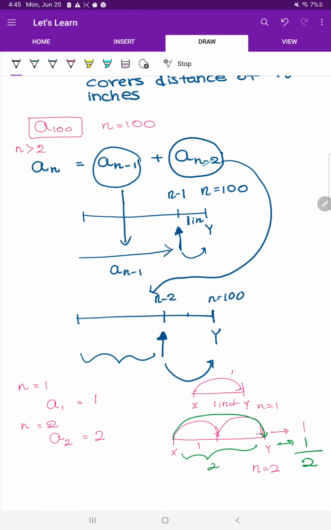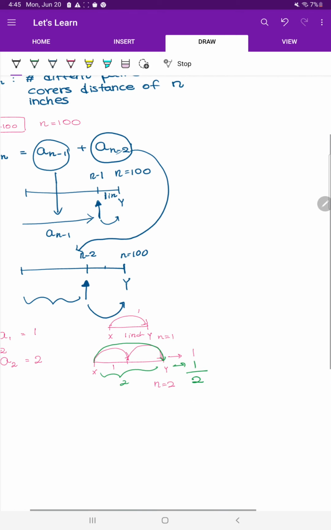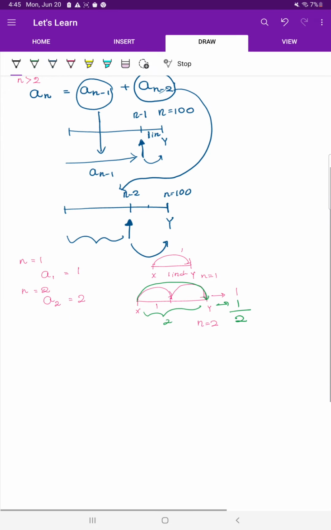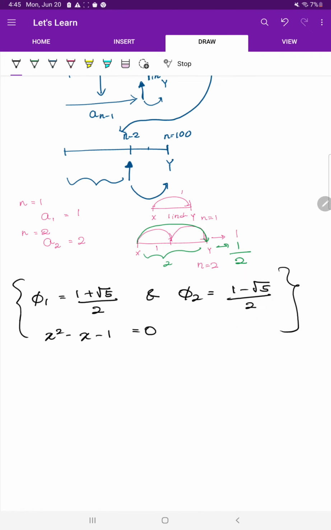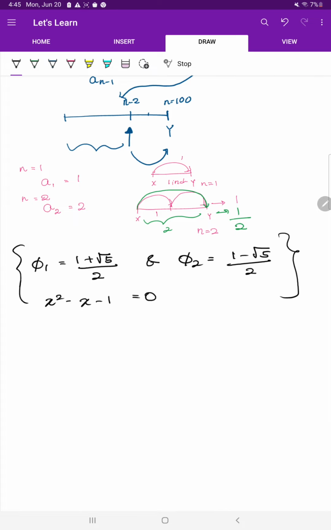So let phi_1 equal to (1 plus root 5) over 2 and phi_2 equal to (1 minus root 5) over 2 be the roots of the characteristic equation x squared minus x minus 1 equals 0.